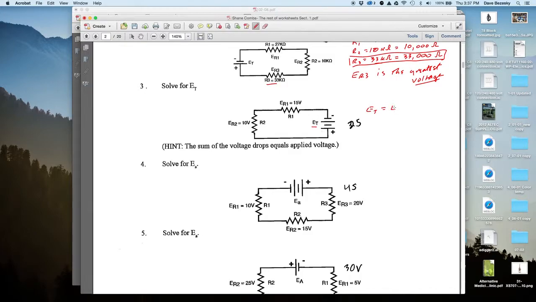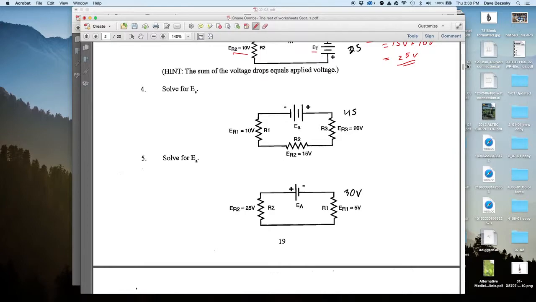So that's going to be ER1 plus ER2. ER1 is 15 volts plus ER2 is 10 volts. So the total then is 25 volts. So ET, the applied voltage, or the total voltage, is 25 volts.